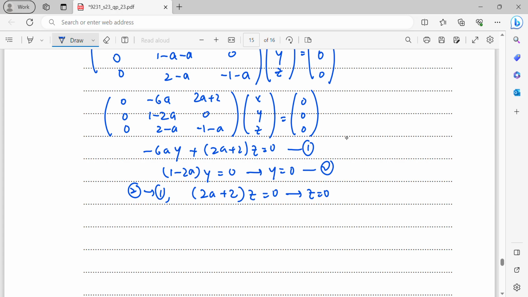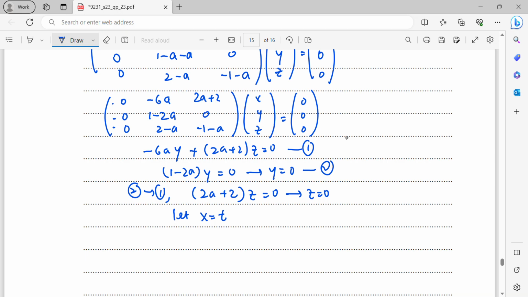Okay, so now we know that we are getting the infinite solution. Since I know the y and z equals to 0, then I will just let the x be t. No need to solve for the last one, because the last one you'll get 2 minus a times y, then plus 1 minus a times z equals to 0. Again, both equals to 0. Okay, so I let my x be t because your coefficients for x equals to 0 in these 3 rows.